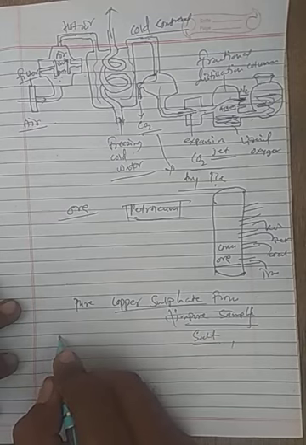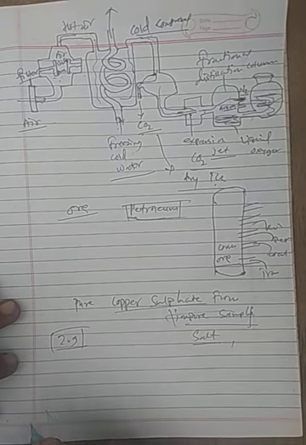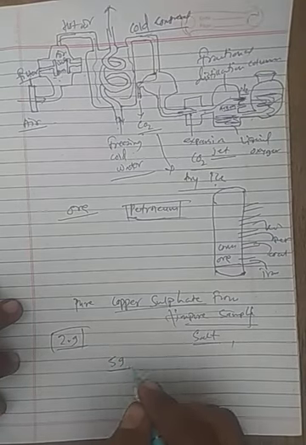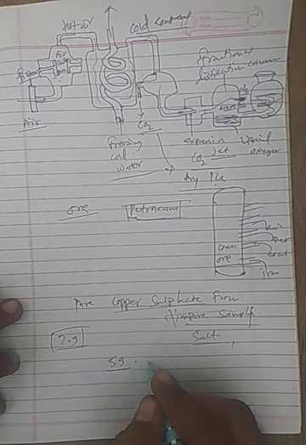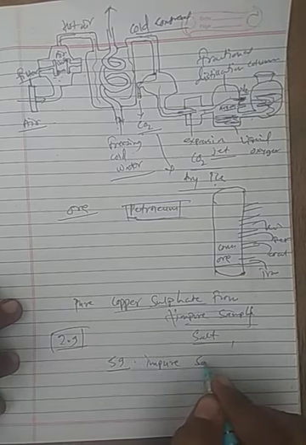This is illustrated by Activity 2.9 in your textbook. Here, you take 5 gram of this impure sample which has copper sulfate with impurities like salts. Now you dissolve it in a minimum amount of water to get a saturated solution.